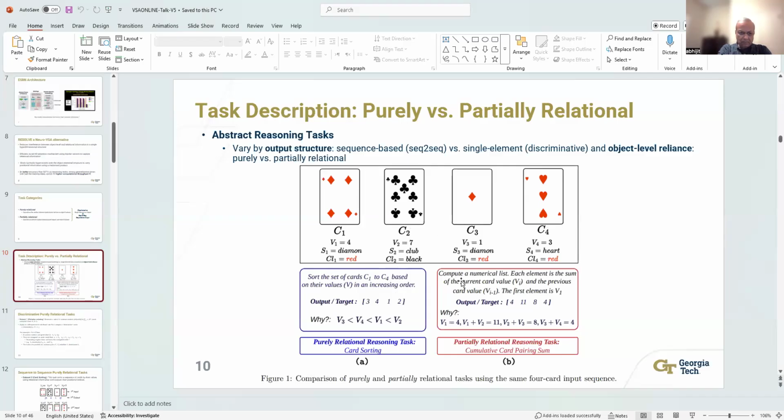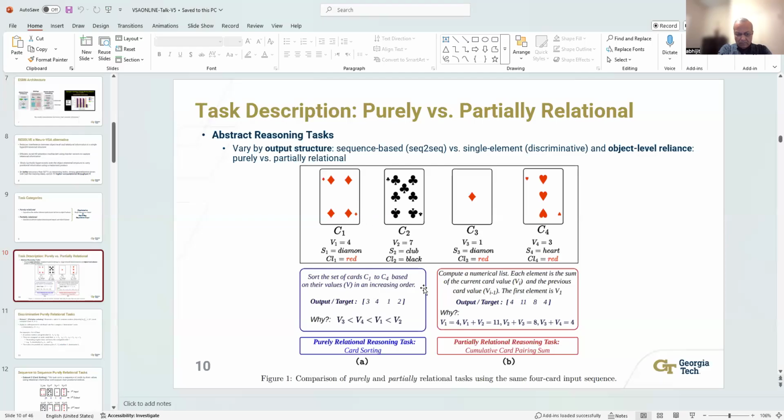On the right example, we have a custom summation of the cards where the output is the summation of the card value and the previous card value.